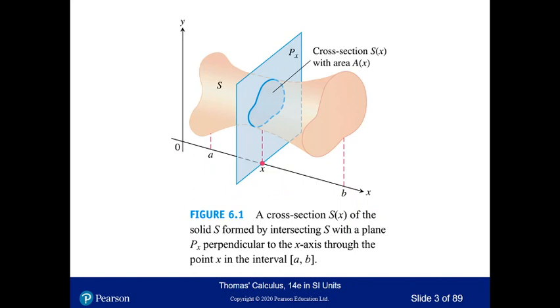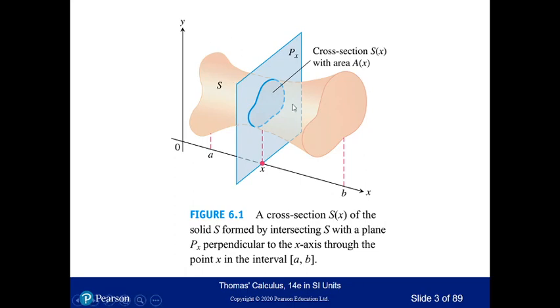First of all, consider a three-dimensional object, because when we consider the volume, it has to be a three-dimensional object. And then consider cutting this object vertically with a plane. When you cut it with a plane, you get this blue plane in the picture.